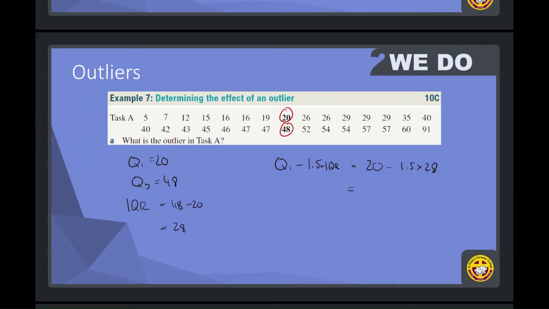So this ends up being 20 minus 1.5 times 28, negative 22. Now, what is this number telling us? This is telling us that if anything in our data is smaller than negative 22, it's an outlier. We don't have any negative numbers in our data, so we have no outliers at that end. Let's check the other end.